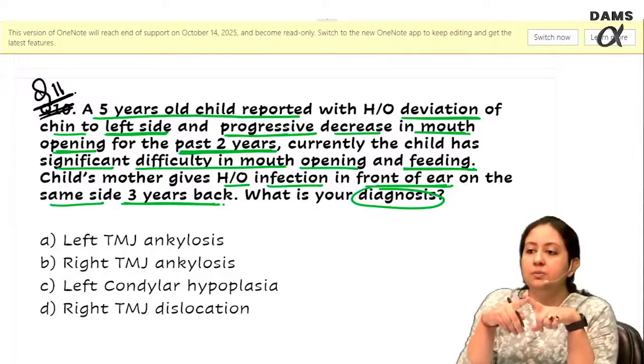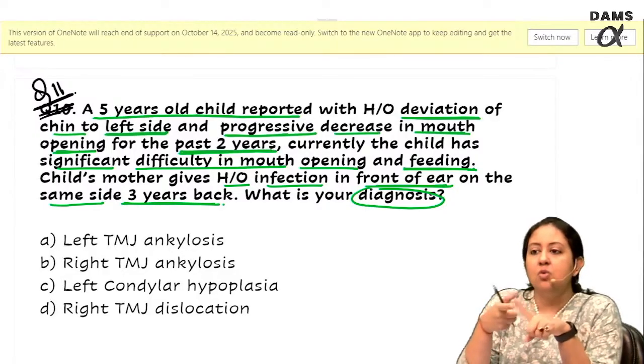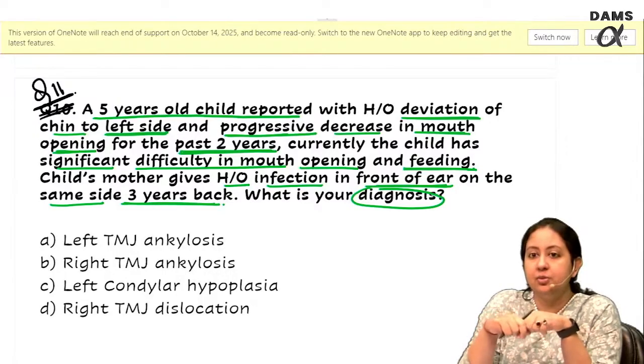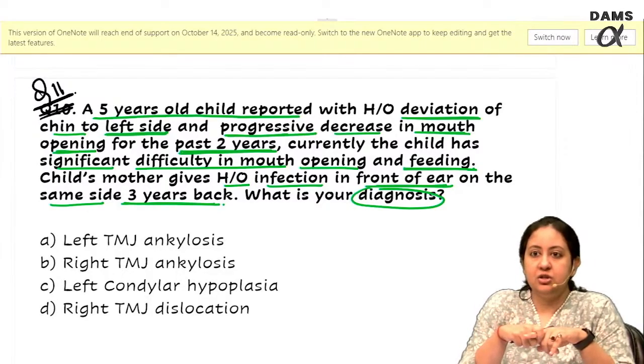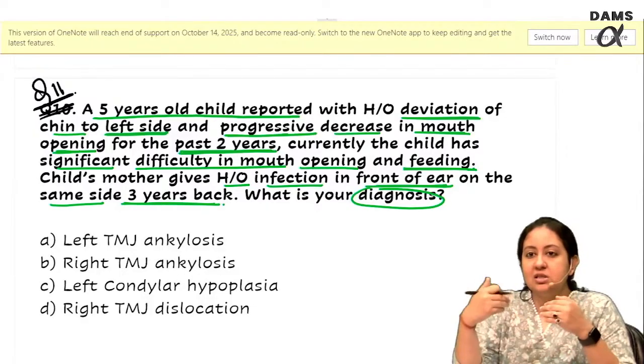So we all know, I have told you in my class also, most common cause of TMJ ankylosis in developing countries is middle ear infection or otitis media. Apart from that, it is a child in question, there is deviation of mouth opening to the same side and progressive decrease in mouth opening.